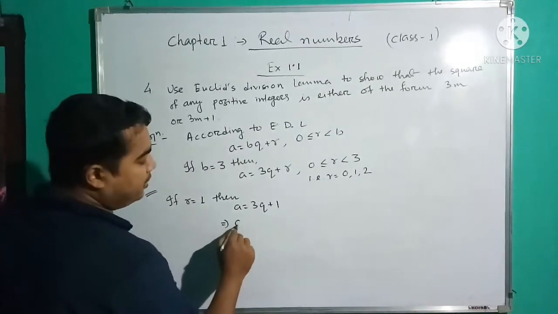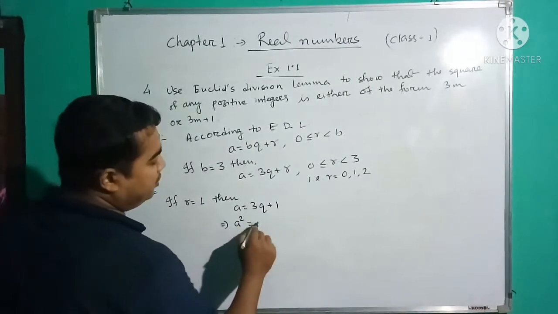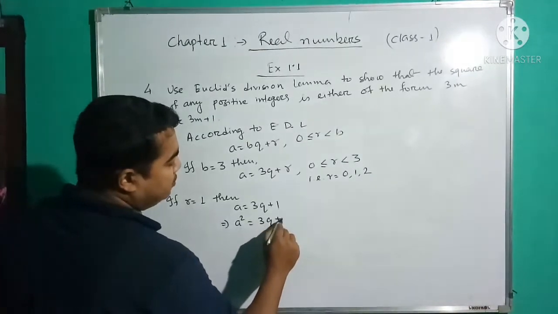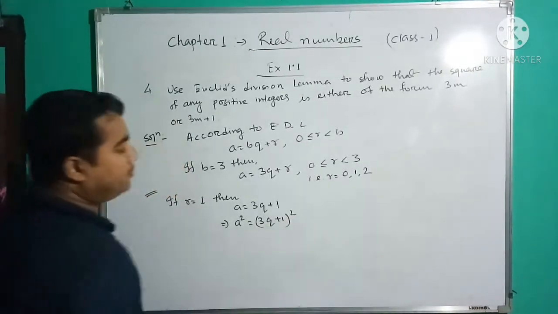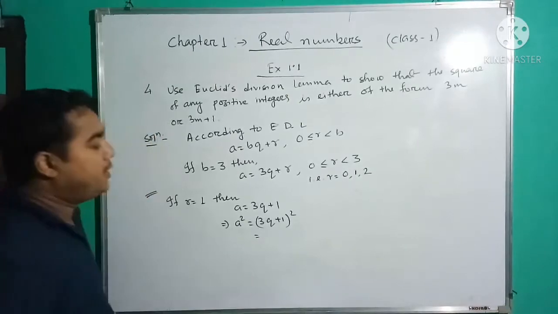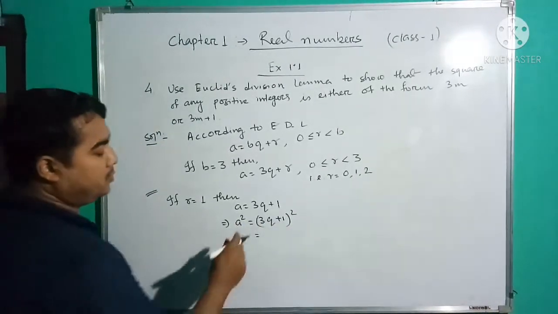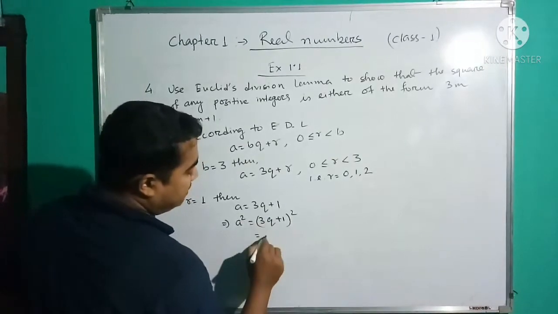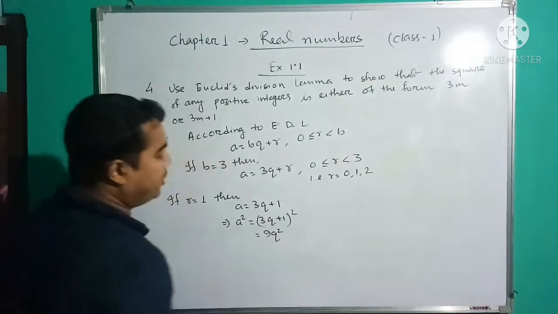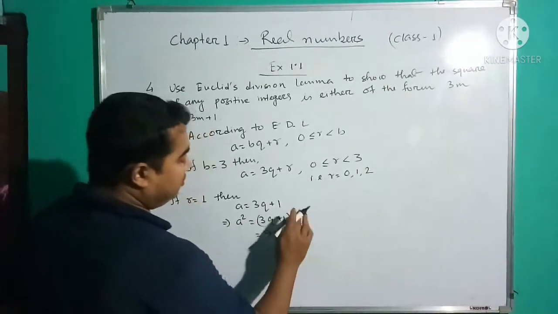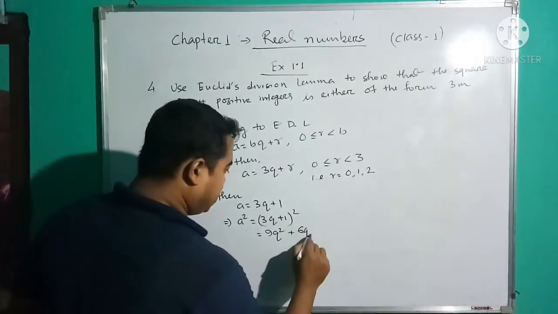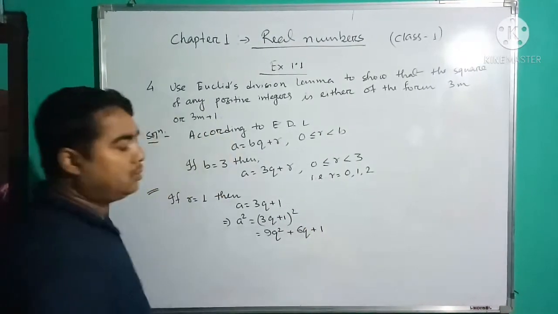Next, square both sides. Then a square equals (3q plus 1) whole square. Now the a plus b whole square formula is satisfied, so apply it. a square means 3 square is 9q square, plus 2ab, 2 times 3 is 6q, and 1 square is 1.